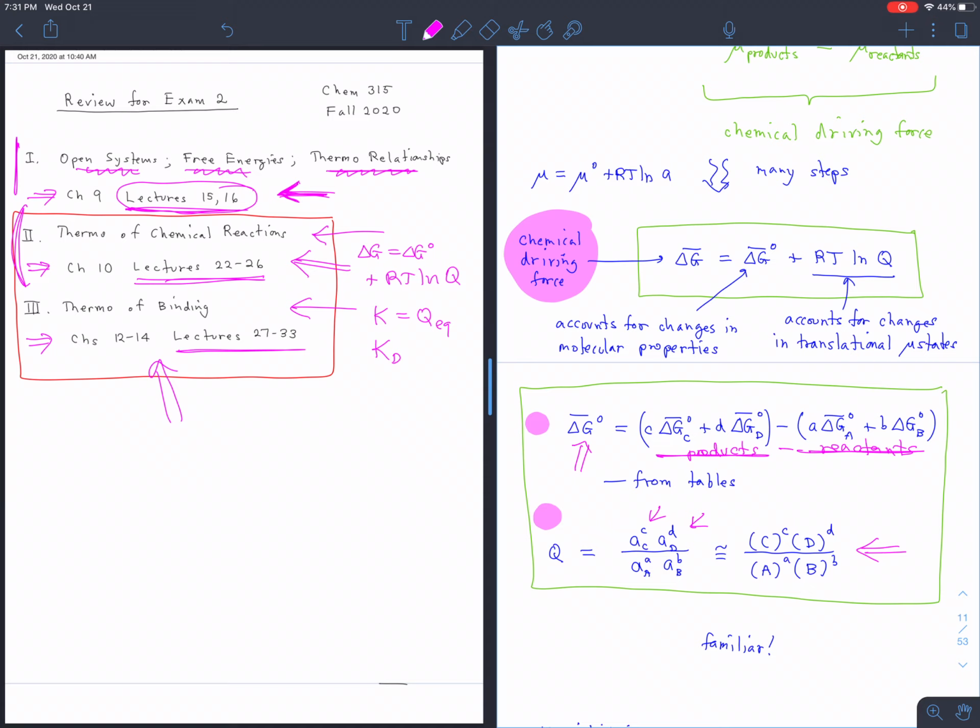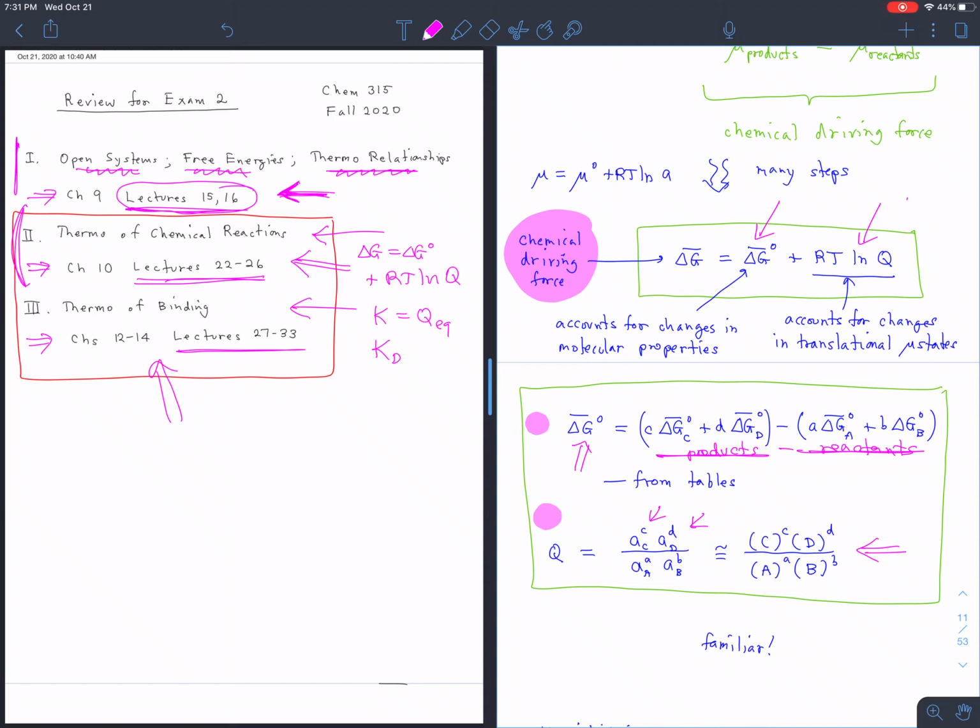And therefore, this term is accounting for all the molecular effects: bonding changes, rotation changes, vibration changes, solvent changes. And this term is accounting only for the effects of changes in the translational microstates, the ability of things to move around.